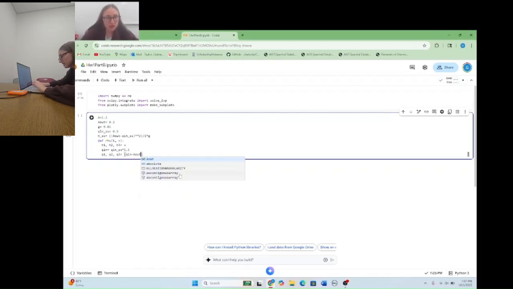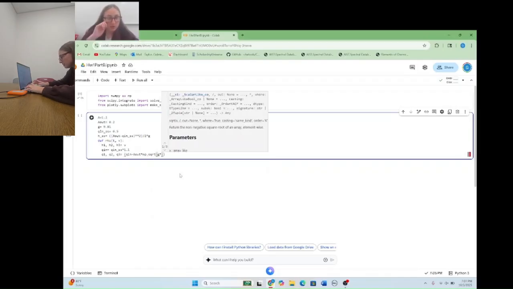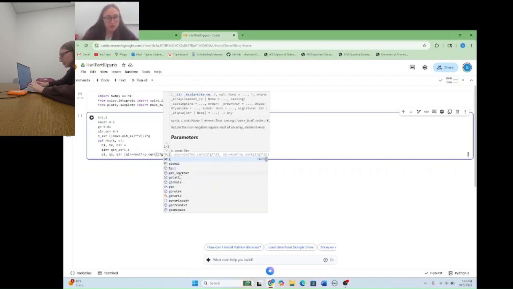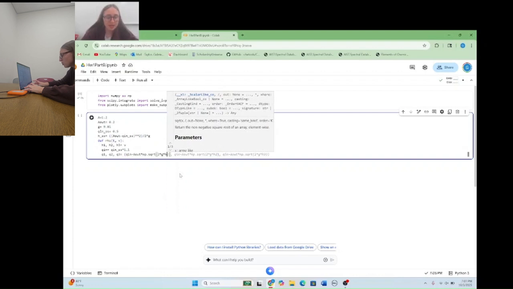So that's A out times np.sqrt of 2 times g times your height. And this is height 1 because this is the first tank.